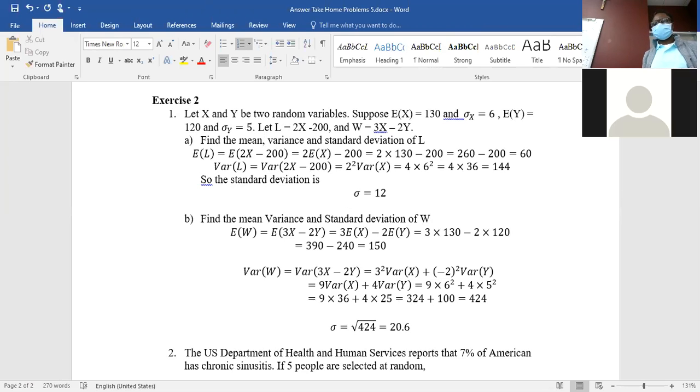The variance of L is the square of the coefficient of x, the number in front of x, that is 2 squared times variance of x, which is 4 times 6 squared, which is 4 times 36, equals 144. So the standard deviation is 12.